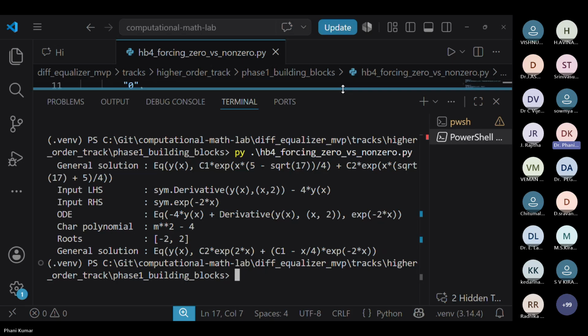C1 e power minus 2x. This is the final general solution I got directly. So first I am going to find the complementary solution separately, and then find the particular integral separately, and then we can combine these two to get the solution.